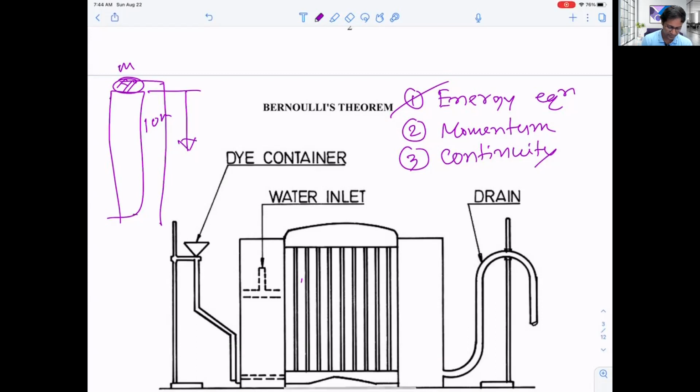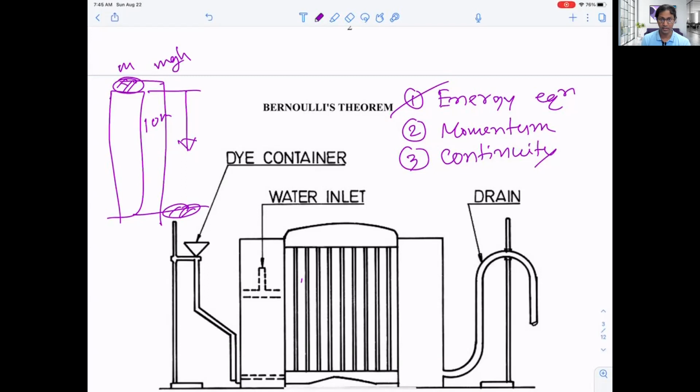It will destroy everything located on the ground, because when you are storing this body, it is storing potential energy. We call it mgh: the mass of the body multiplied by the acceleration due to gravity and the height, in a vertical direction.